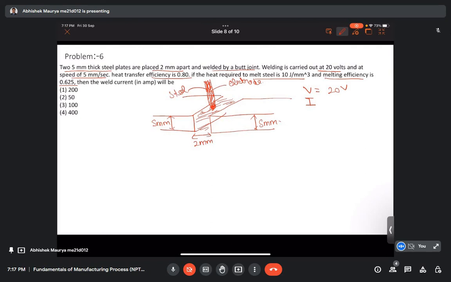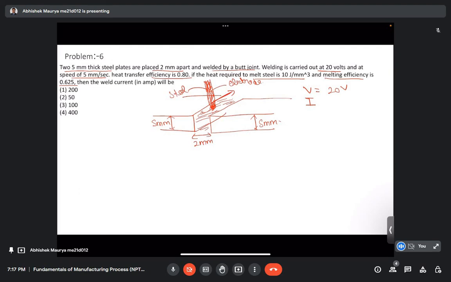The welding speed is given, so basically the electrode is moving forward by 5 mm per second. So we have to find out current I. We are depositing material by melting it with the help of the welding current, at a potential difference of 20 volts.